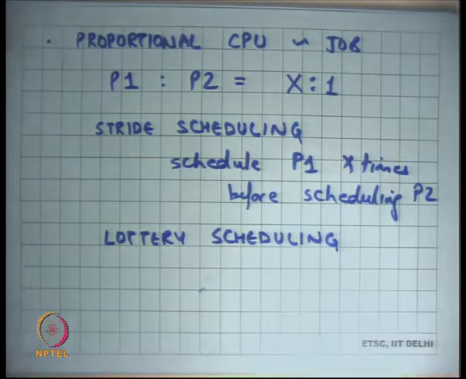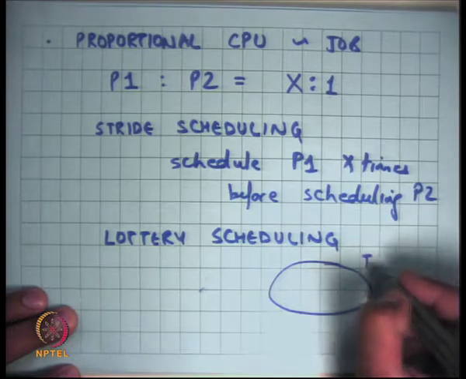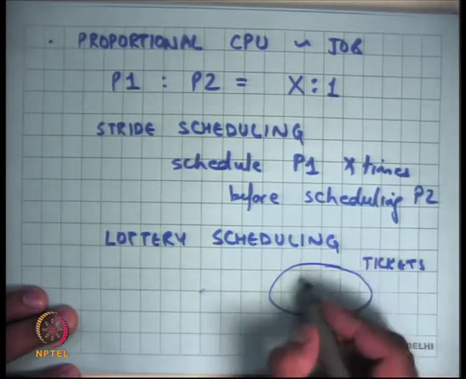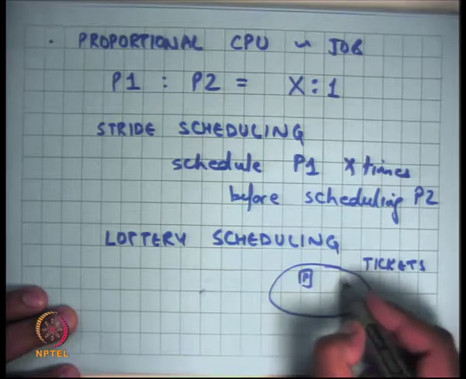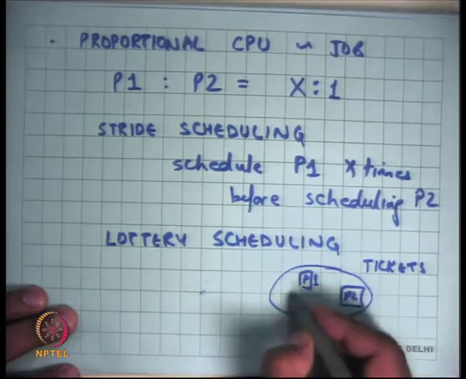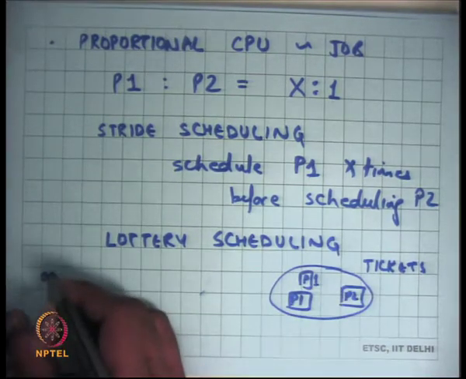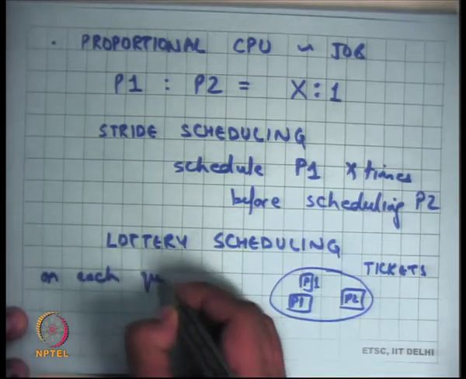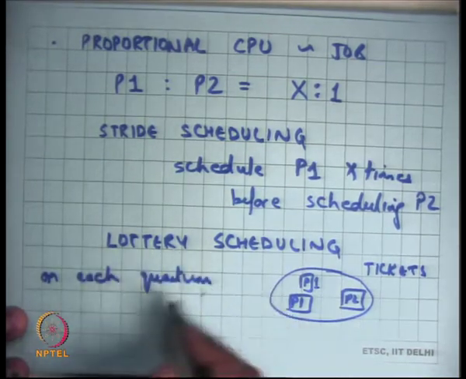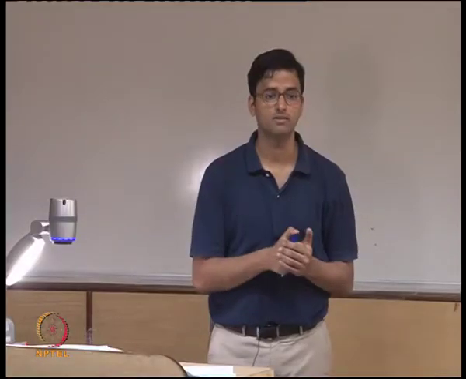Okay, and lottery scheduling basically is a probabilistic algorithm where you say that you have a pool of tickets, lottery tickets, and each ticket has a label which is, let's say, P1, P2, P1, and so on, and on each quantum the OS draws one ticket at random from this pool, and depending on whose ticket it is, that's the process that gets to run, right?